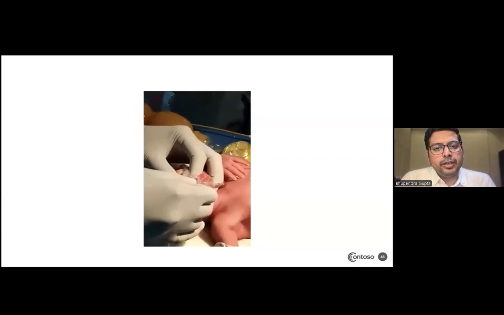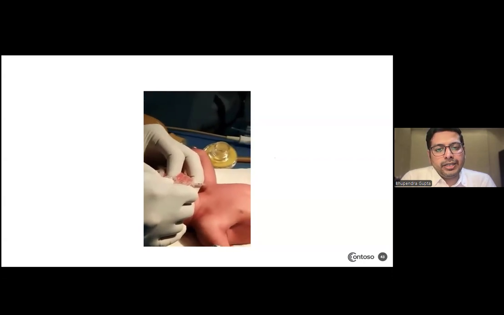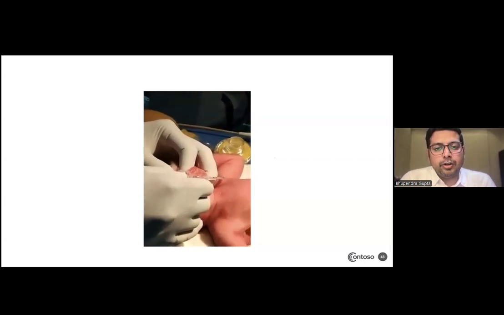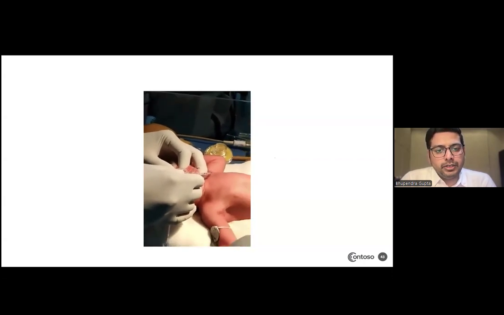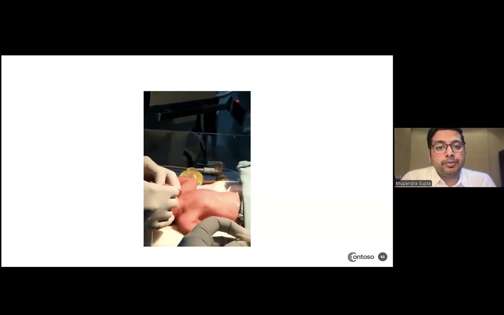And as you see, there is some amount of reflux of surfactant, and the reflux of surfactant also indicates that the catheter has gone to the vocal cord, because only when the catheter is inside the vocal cord, there will be some amount of reflux. So there is some amount of reflux also.